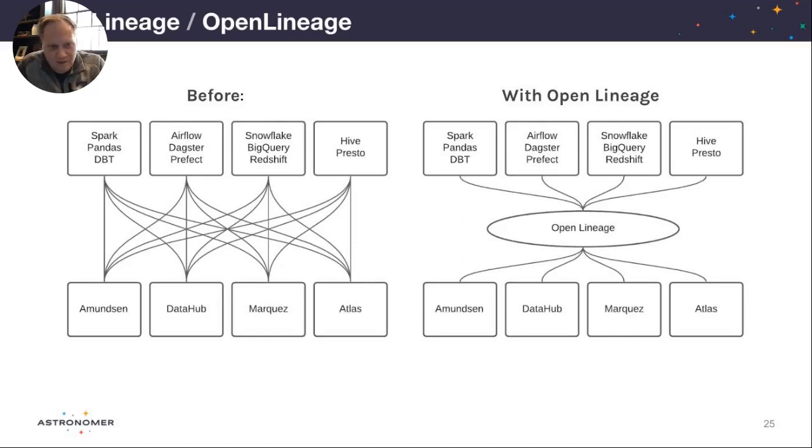From Spark, you want to get data to all these systems. From the databases themselves, from Hive and Presto, and that's a lot of lines in the middle.